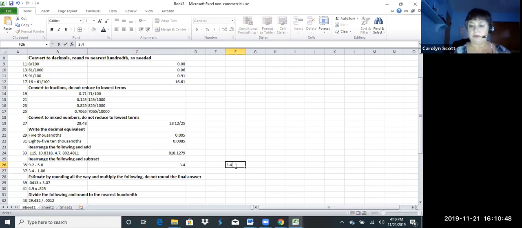We've got 3.4 minus 1.08. And if you are doing this the long way on paper, you now have 40 minus 8, which we know is 32, and you have 3 minus 1, which we know is 2. So let's come over here and make sure we're right.